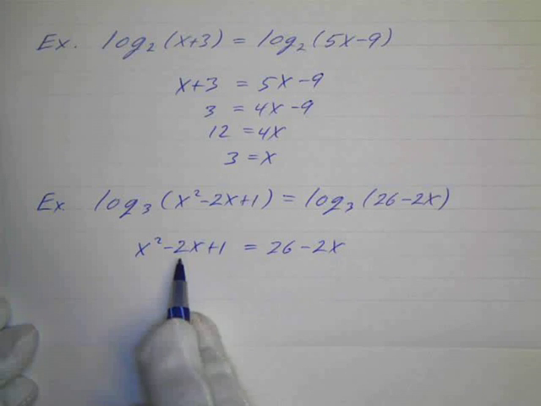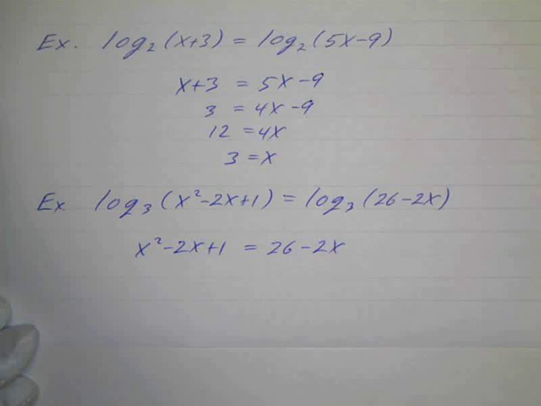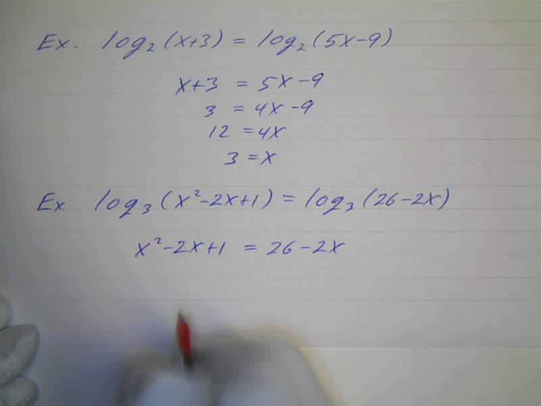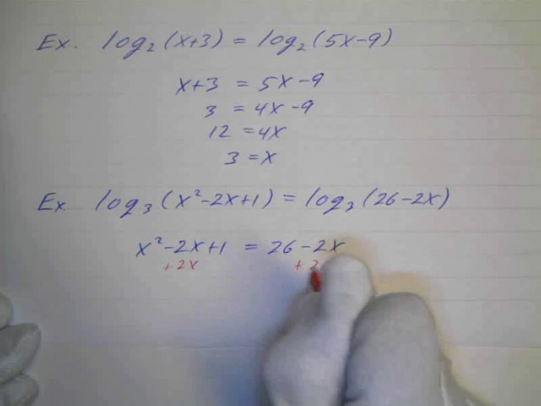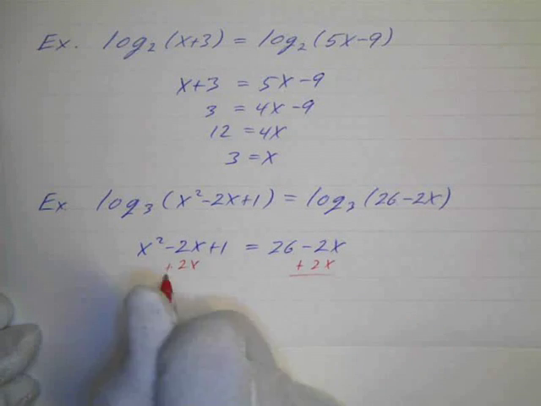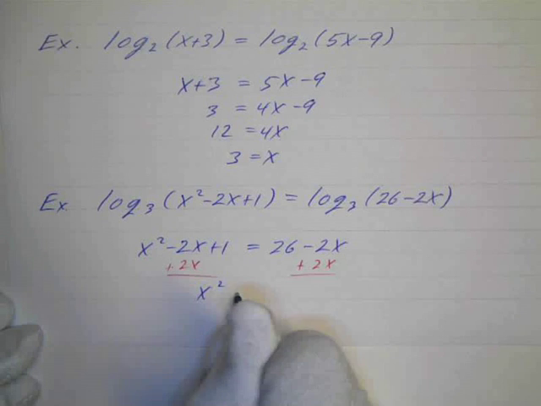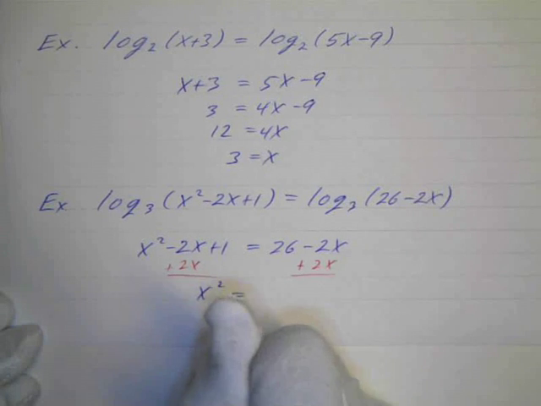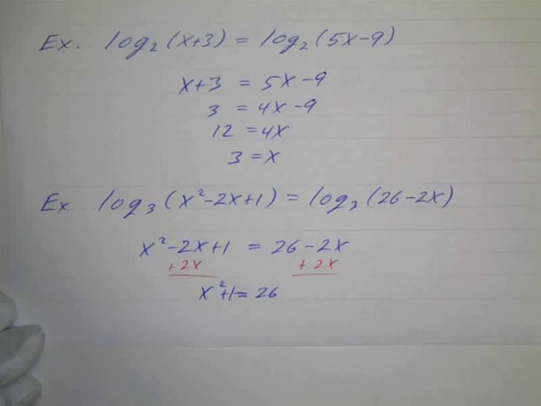Now I notice that I've got a negative 2x on both sides. So what I can do is just add 2x to both sides, and I end up with x squared plus 1 equals 26.